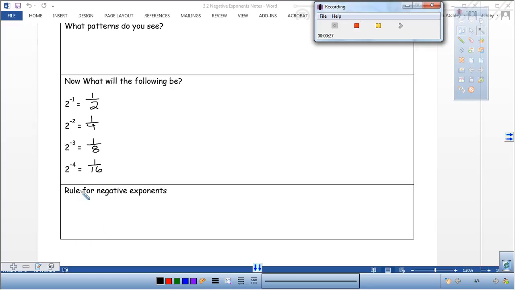So we talked about the rule, okay, and the rule is a to the negative n equals 1 over a to the nth.